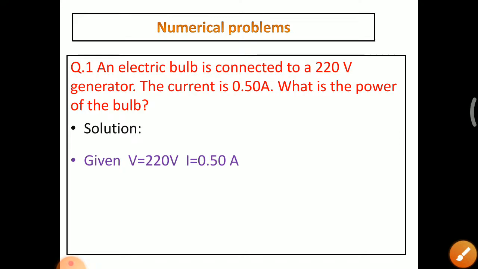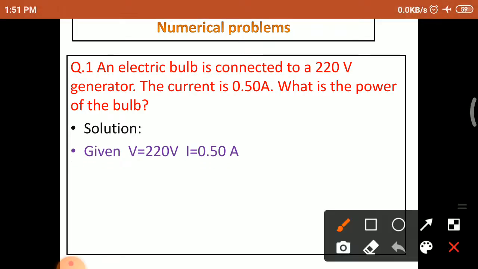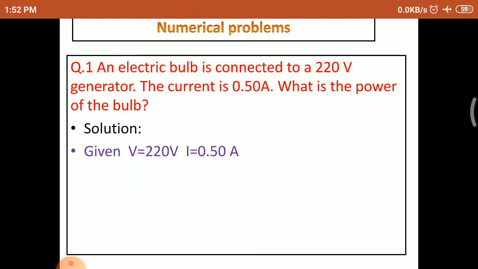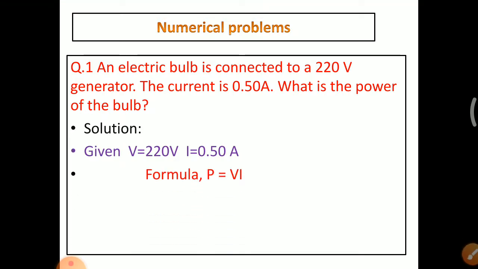Solution. They given voltage V equal to 220 volt, I equal to 0.5 ampere. The SI unit of voltage is volt, and of I is ampere, so there is no problem to convert. And you know the formula of power equal to VI.